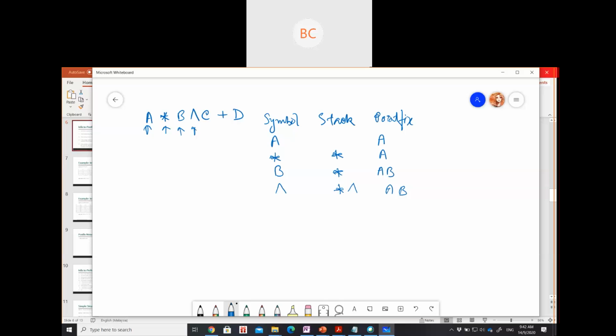I'll show another example. Just know the right associativity, you will just push it onto the stack. Okay. So you move again here. Now your symbol is C. So you will simply put it here, postfix. Now you move again here.